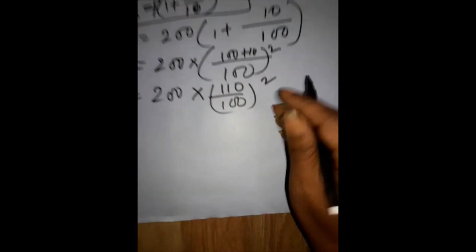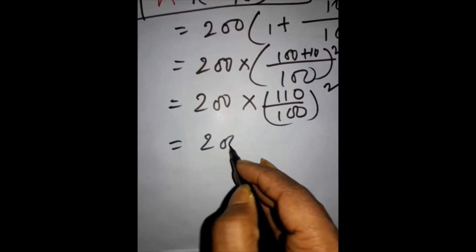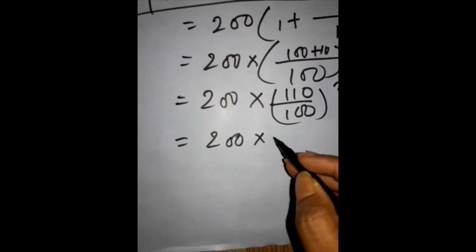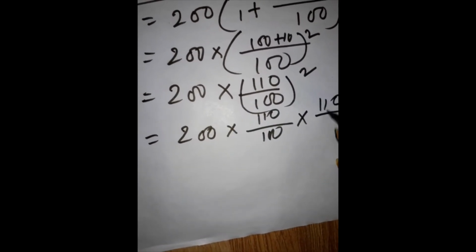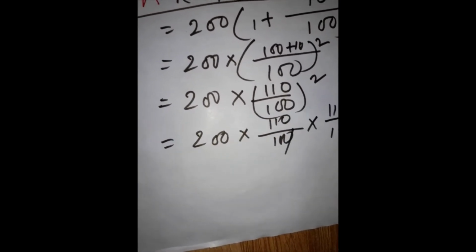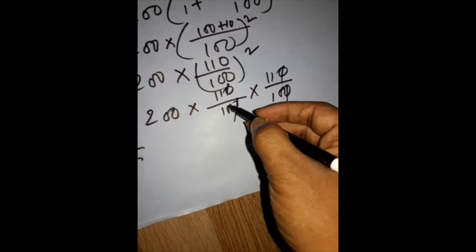That means 200 into 110 into 110 by 100 into 100.